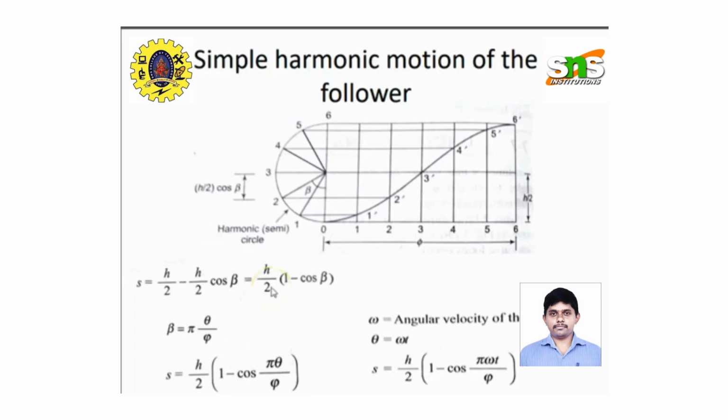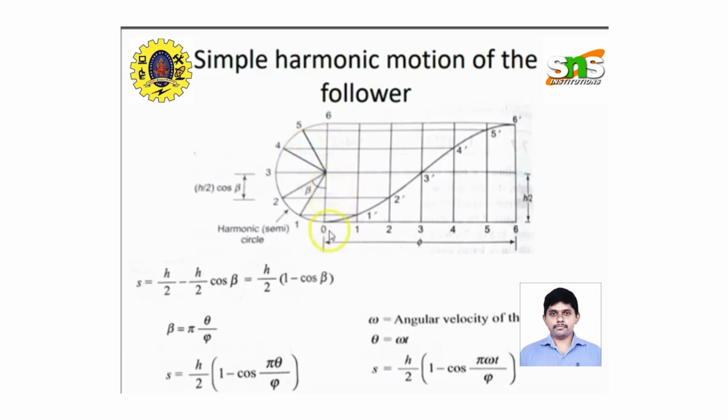For any follower motion diagram we need to start with a baseline. Along this baseline, take one point as a midpoint, take a radius, and draw a semicircle. Once we have made the semicircle, we need to divide it into 6 different stages.